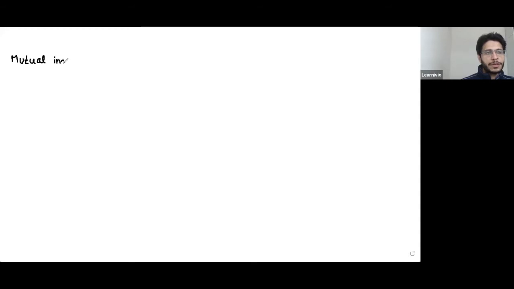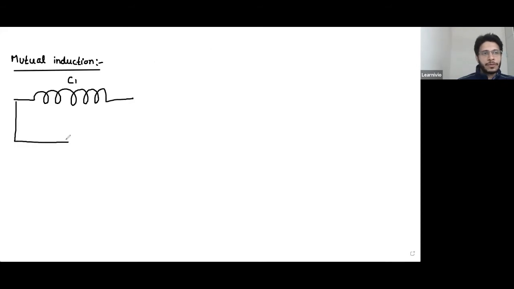The next topic is mutual induction. What do you mean by mutual induction? Mutual induction means if you have two coils, so this is coil C1, and this coil C1 is connected to a cell through a key.